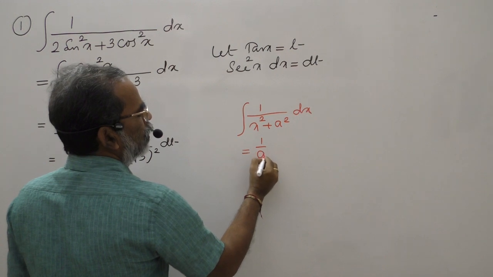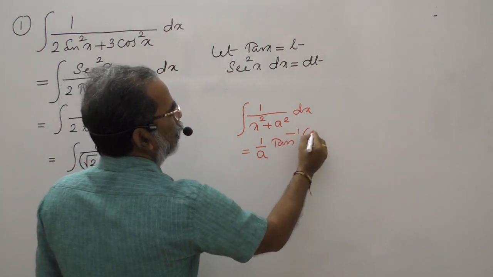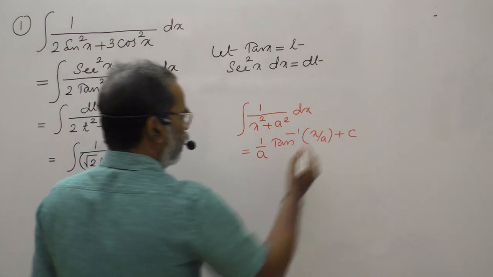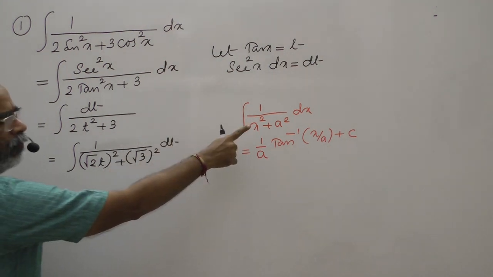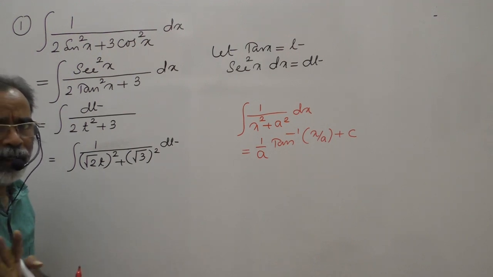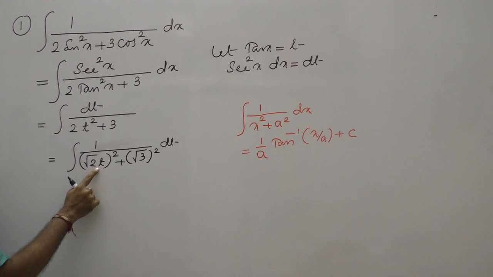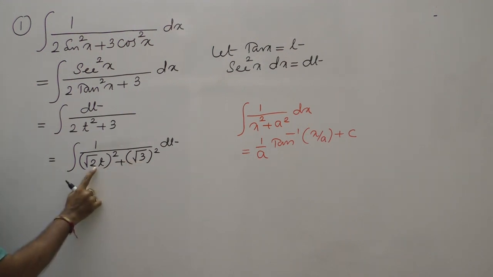Its integral is 1 by a into tan inverse of x by a plus c. We will apply this. The variable there is x, here it is t. A variable can be any letter, no problem. It is integral 1 divided by x square plus a square. See, this should be linear.